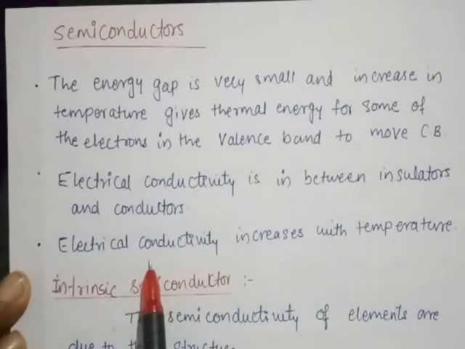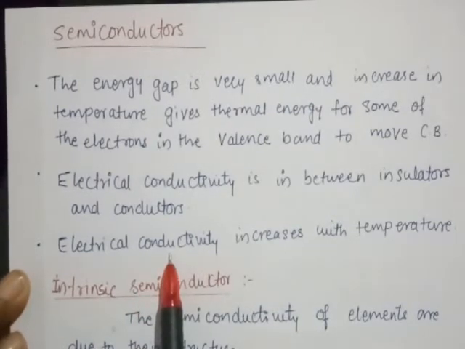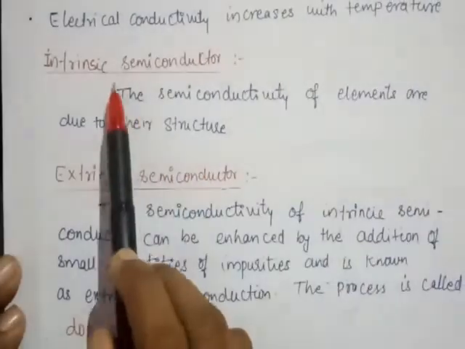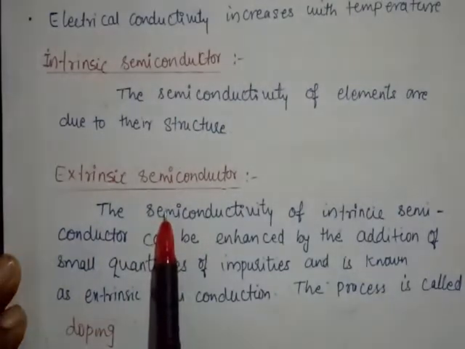When the temperature increases, their conductivity increases. Semiconductors are generally group 14 elements. The examples are germanium and silicon. Semiconductors can be classified into two: intrinsic semiconductor and extrinsic semiconductor.